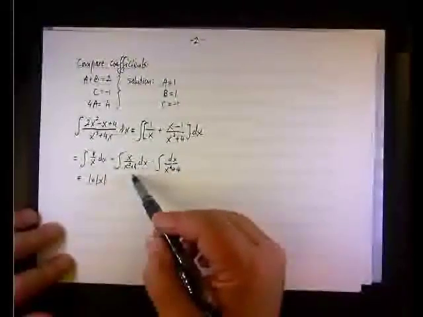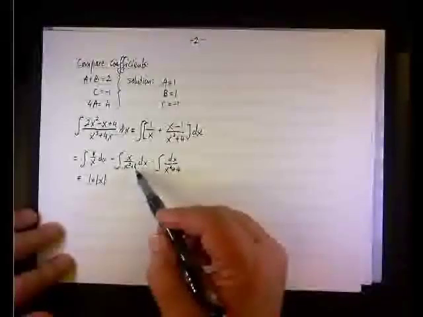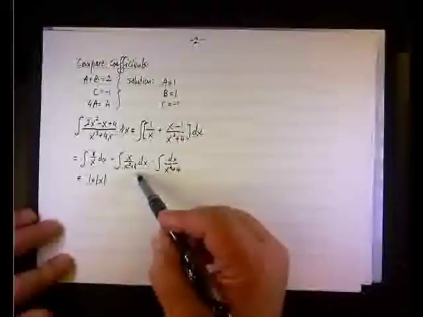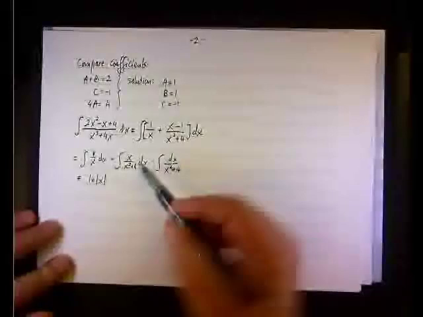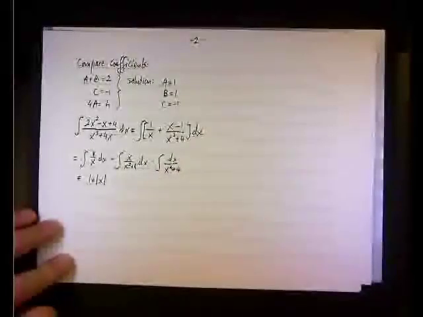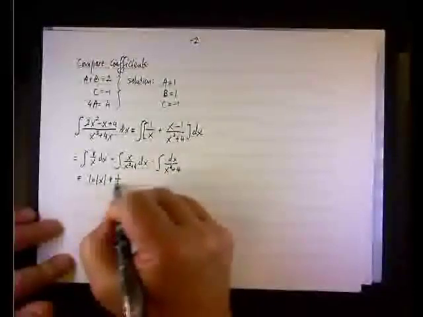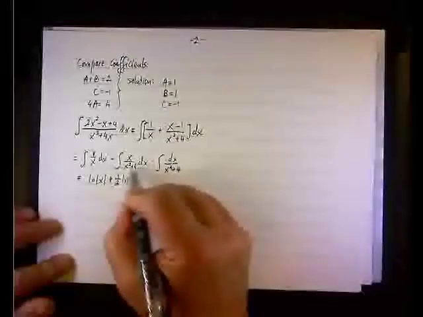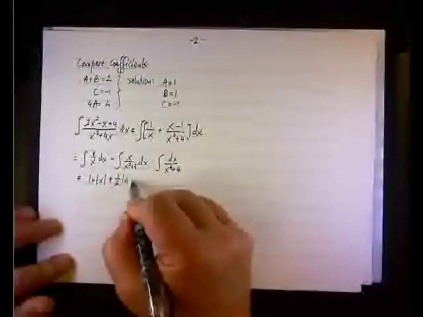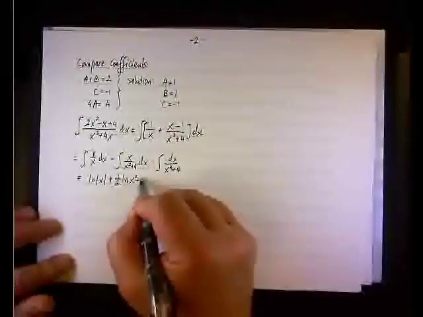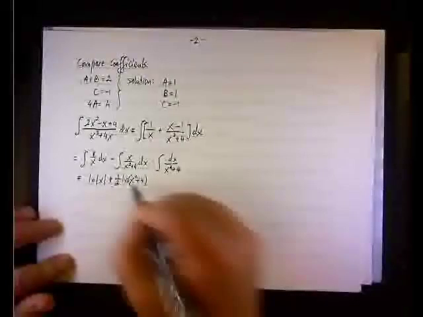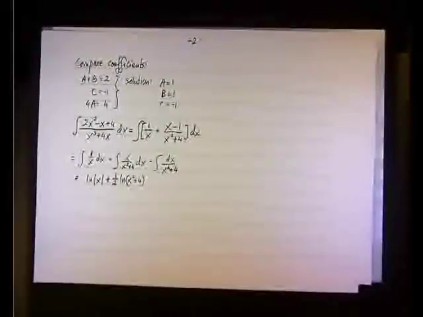So after this substitution, you have 1/2 du over u, and the integral is 1/2 natural log of u. So it will be 1/2 natural log of x squared plus 4, and x squared plus 4 is always positive, so we don't need to bother with the absolute value.